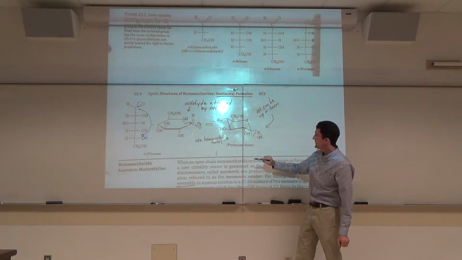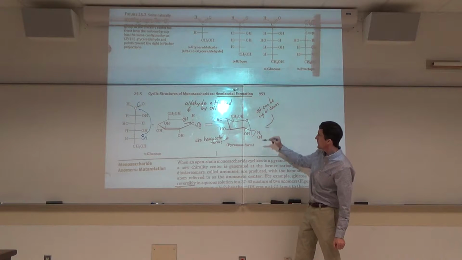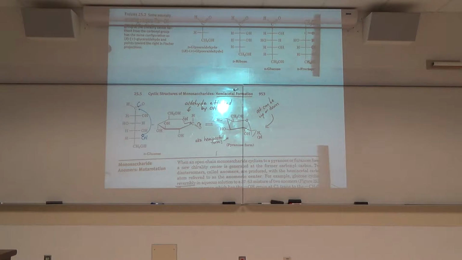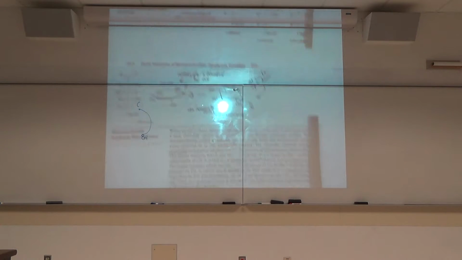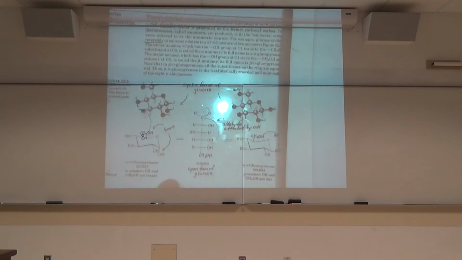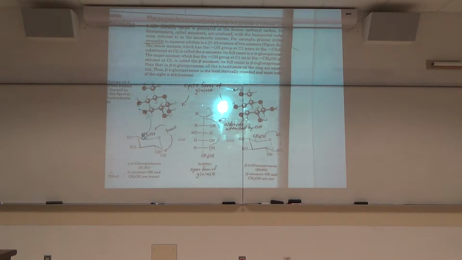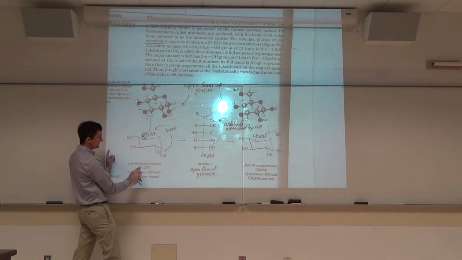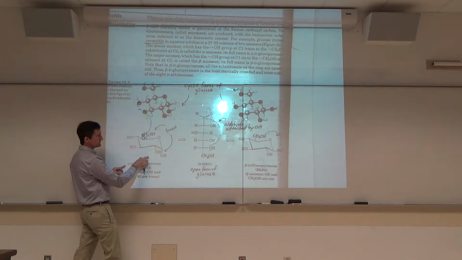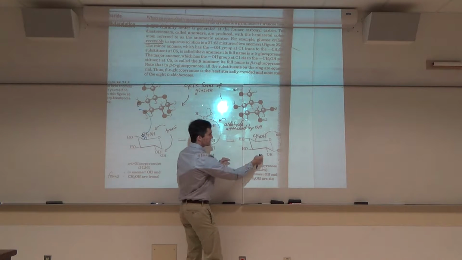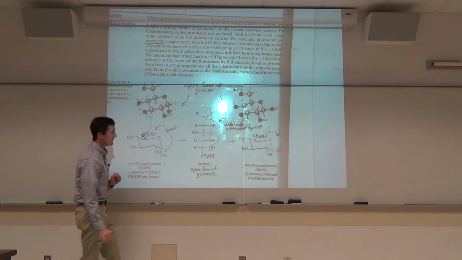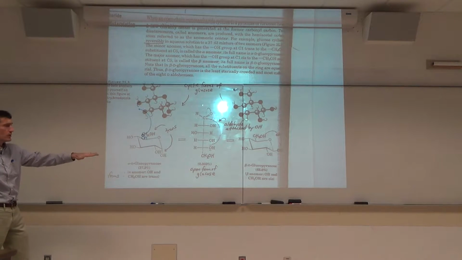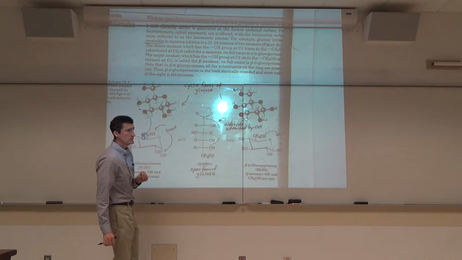If the OH is up or equatorial, it's called the beta form. This is just a repeat of what's above, basically. It's showing the cyclization. It can cyclize to the alpha form, or it can cyclize to the beta form. Now, which is going to be favored? That new OH being axial or equatorial?